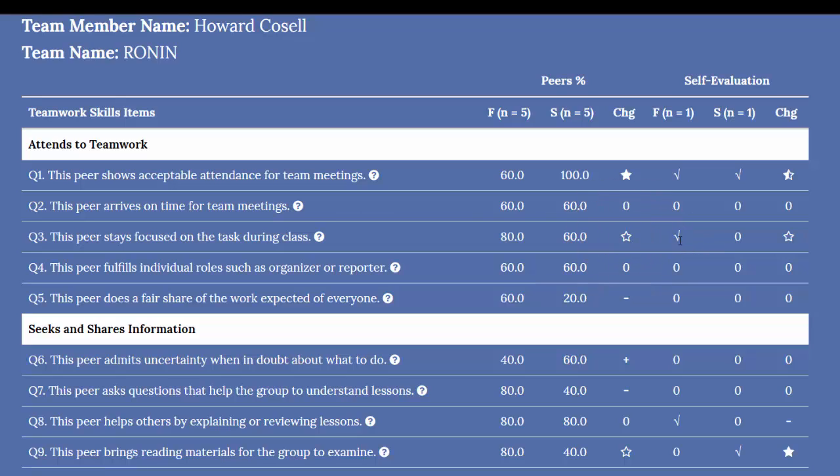Here we see under self-evaluation, Howard gave himself credit for formative demonstration of question 3, but not summatively. So that is also shown in terms of a goal with a hollow star when there is, in fact, a lack of progress in the negative direction. It's worse than no change at all. It simply is a person went downward. They did not do as well the second time. Let's put it that way.